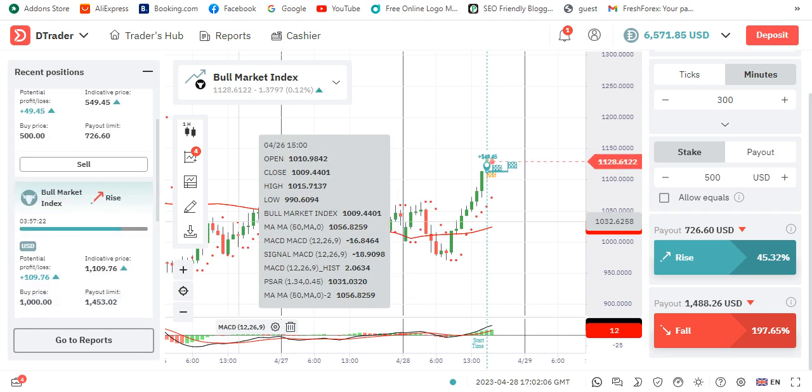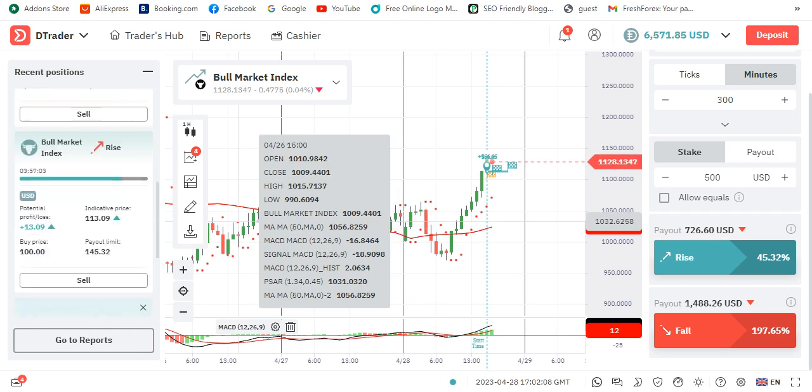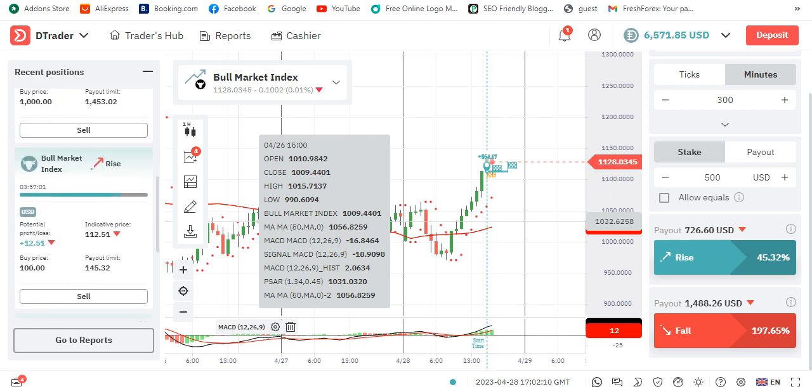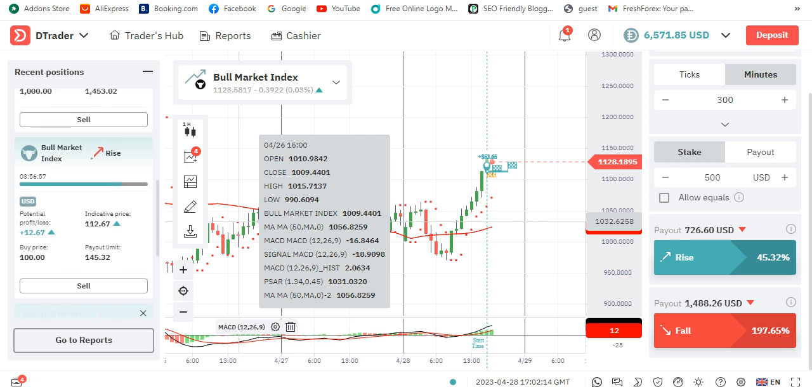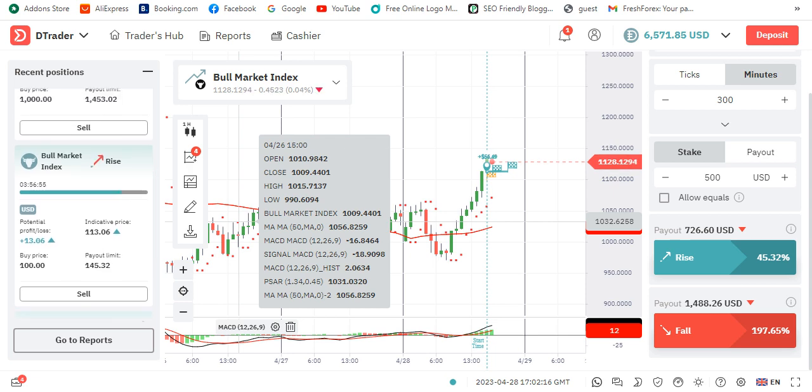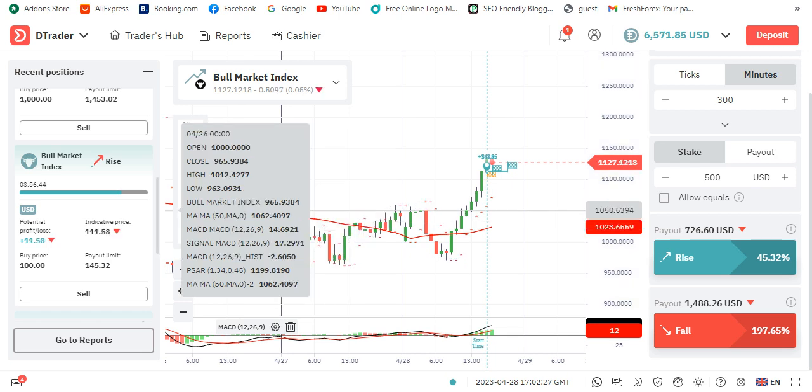So you can see I entered several trades. The one I used $2 for and the one I used $10 for have already closed. For example, look at this one.